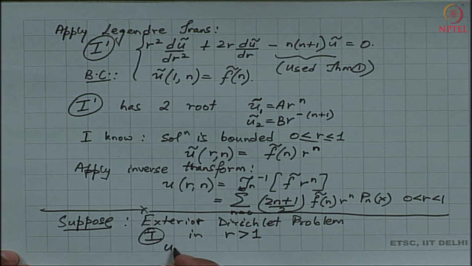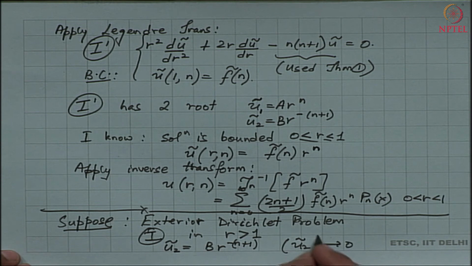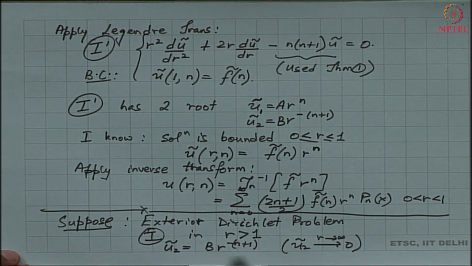So, I am going to use u2, which is b times r to the power minus (n+1), and I can see that u2 is bounded when r goes to infinity. r equal to 0 is not in the domain, but r tending to infinity is.